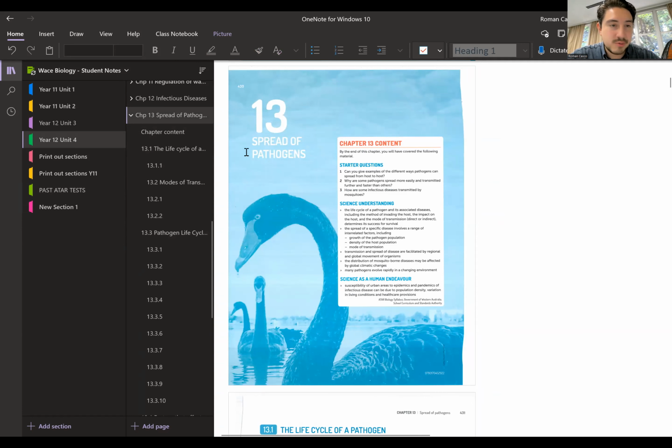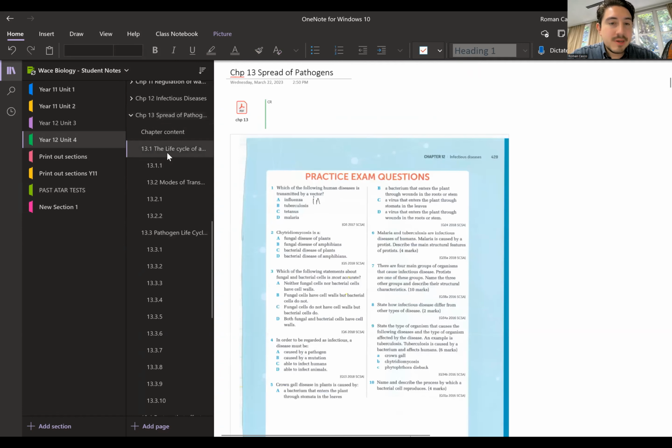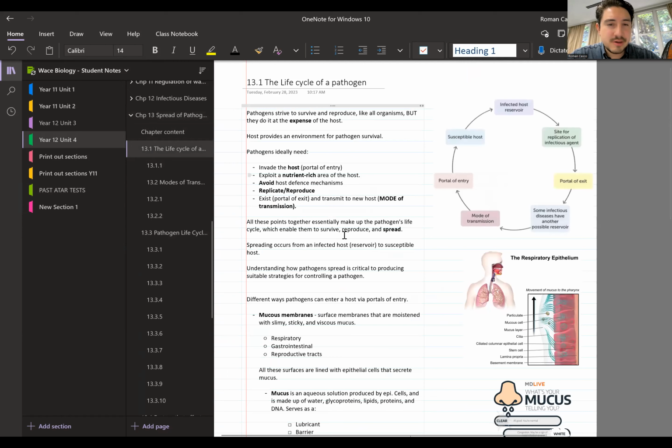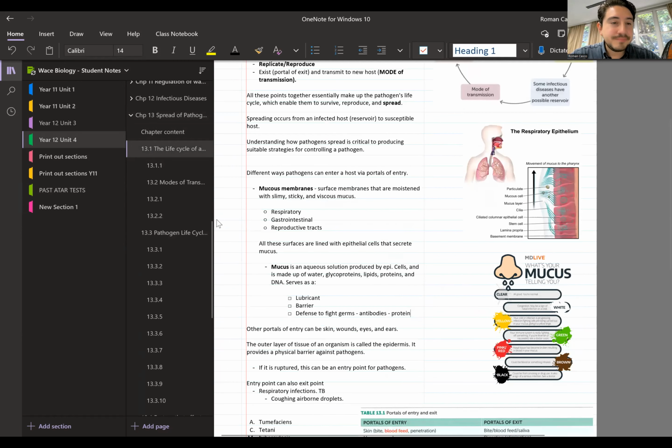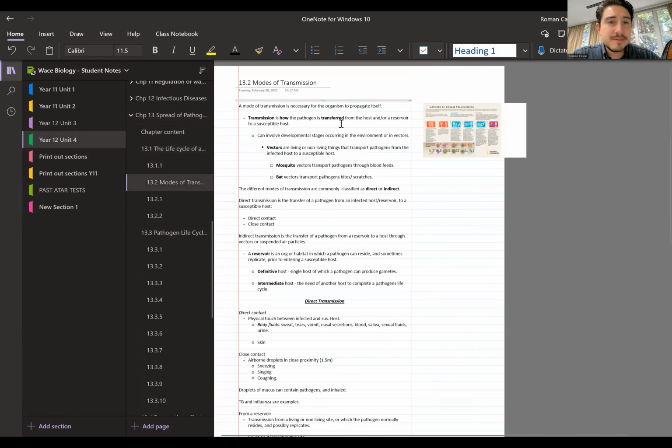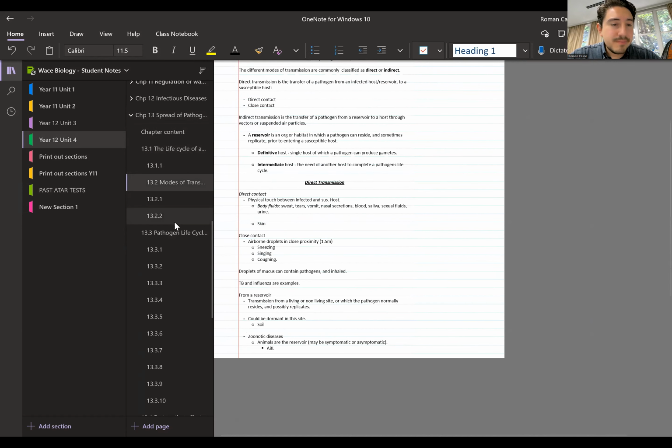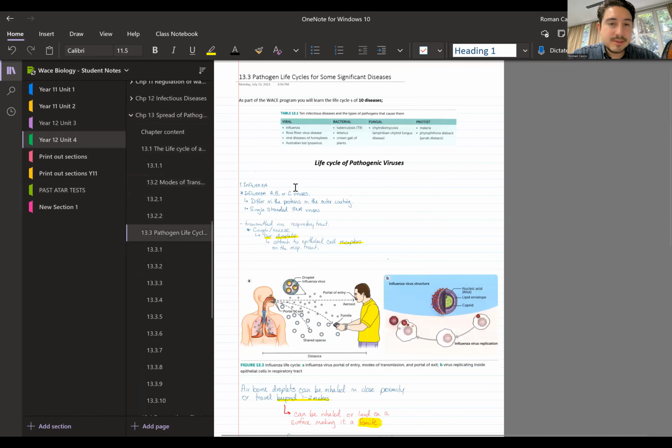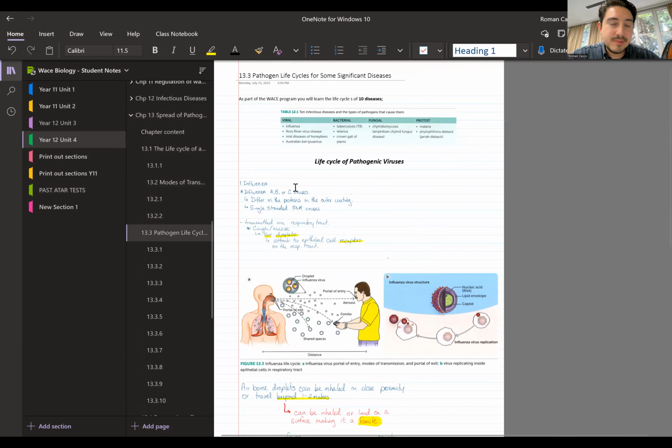We went over the life cycle of a pathogen and the modes of transmission, and now we left off with the specific life cycles of some particular ones that you need to know.